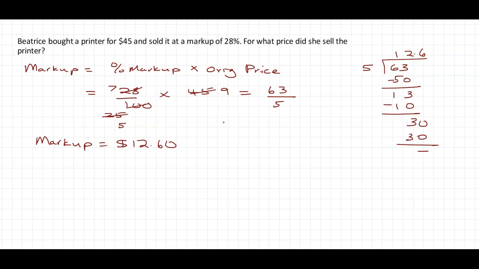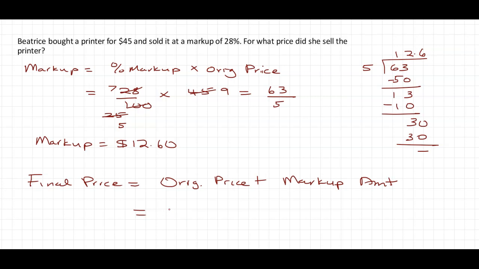So for what price did she sell? So final price is going to give me original price plus markup amount. All right. And so our final price is going to give us $45 plus $12.60.